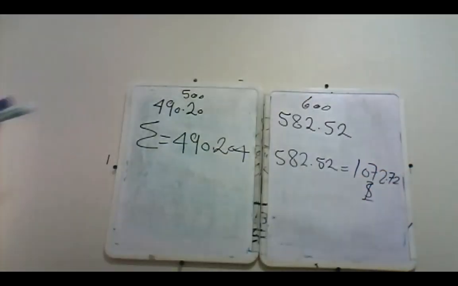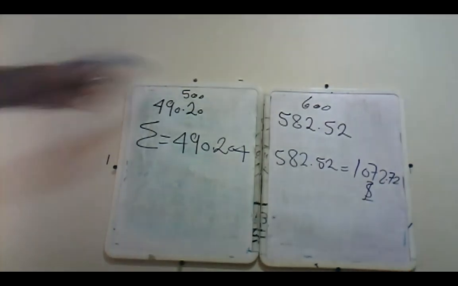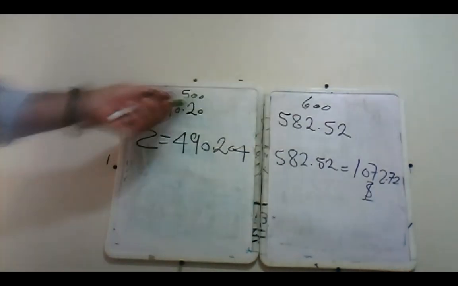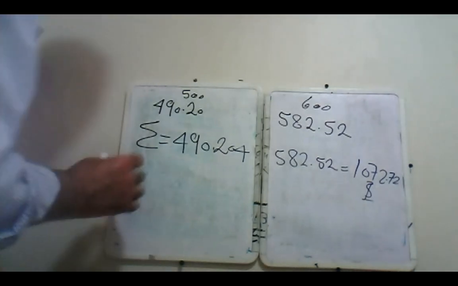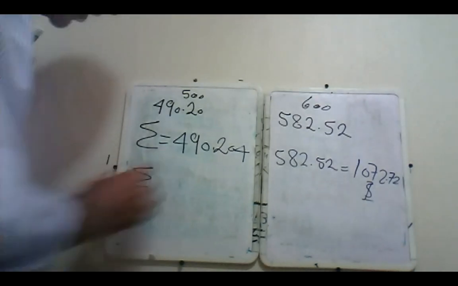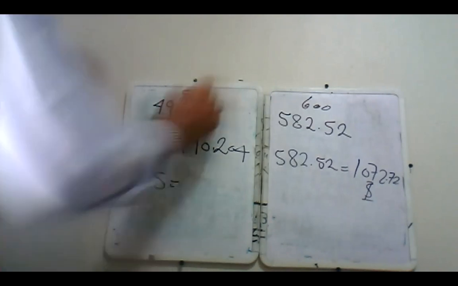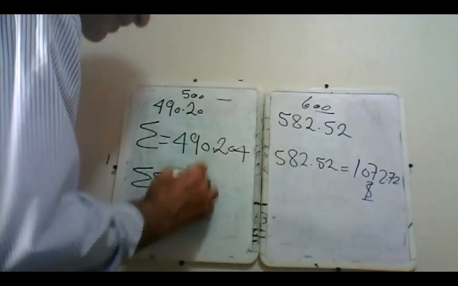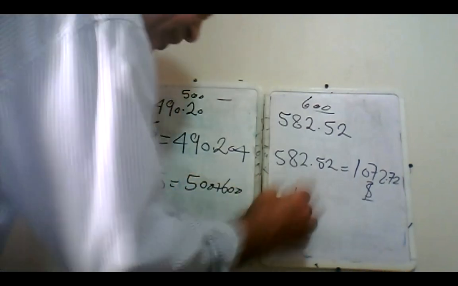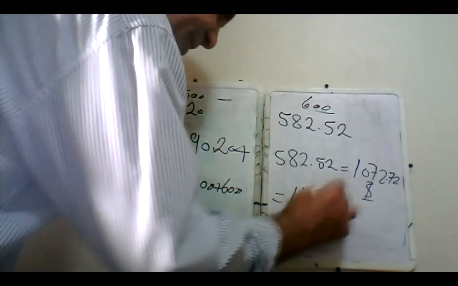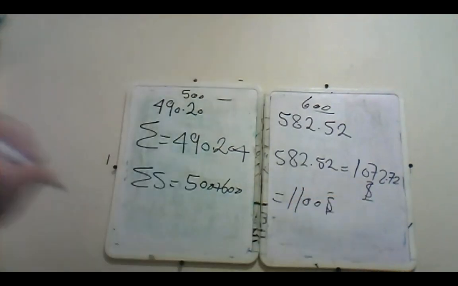That is in dollars. Okay, the whole amount, the real amount, was $1,100. So the sum of the nominal future amounts is 500 and 600. That equals $1,100. So the discount will be how much?